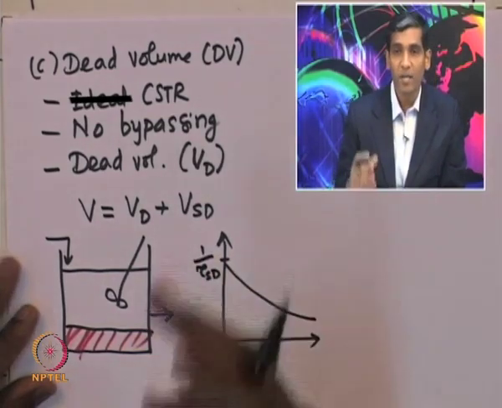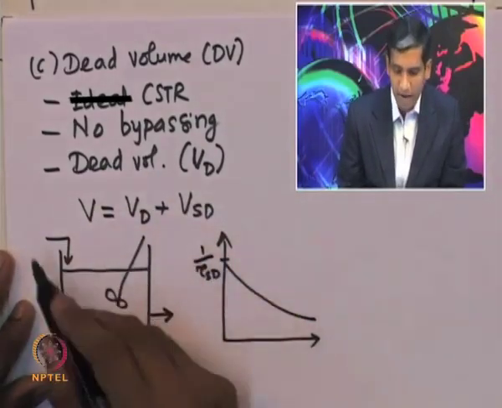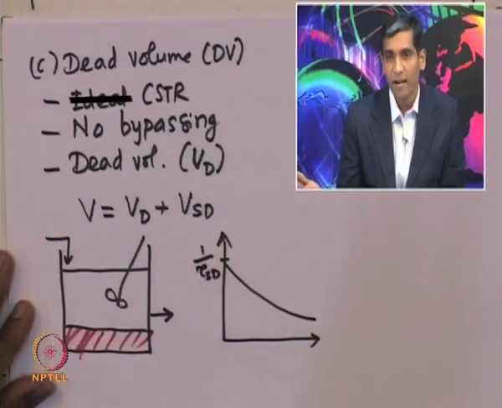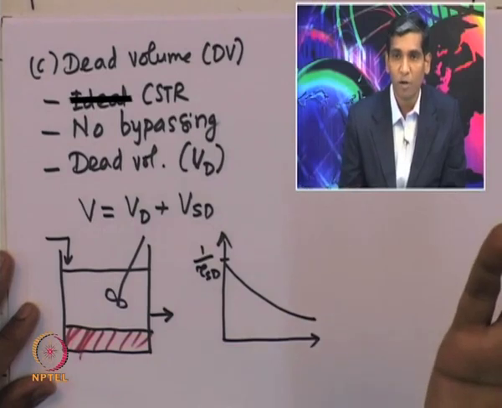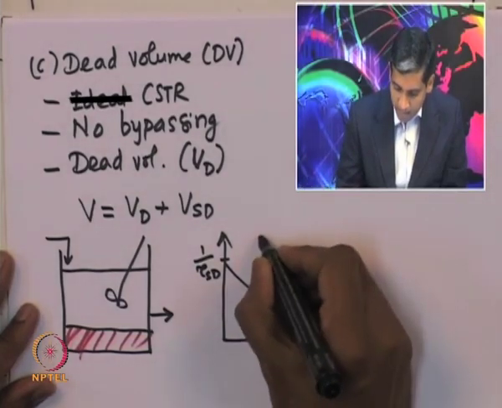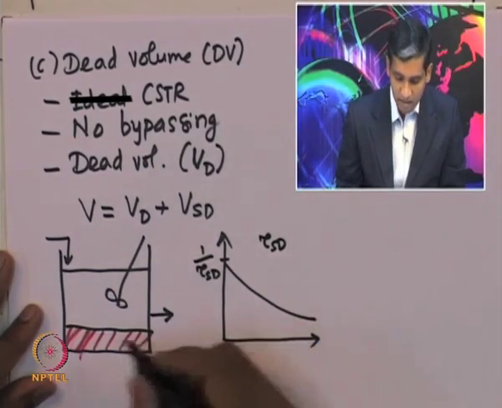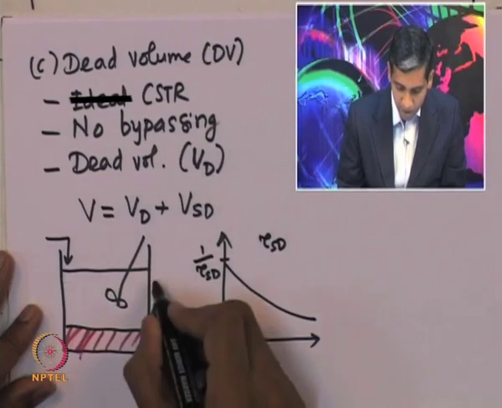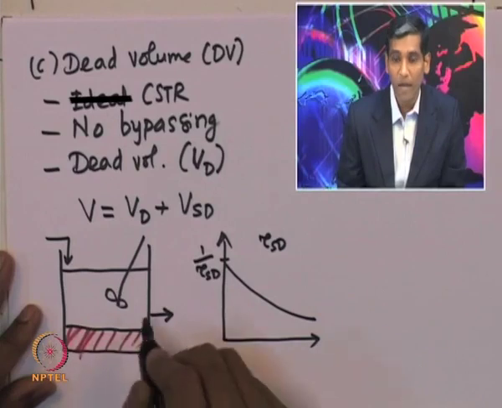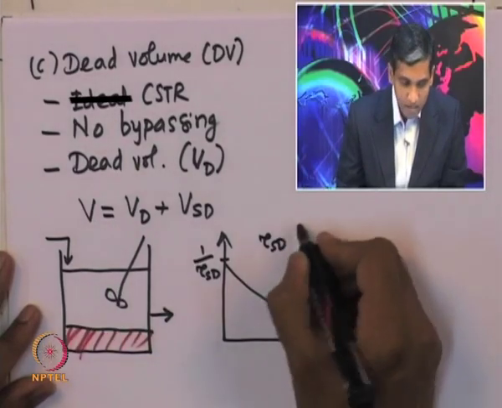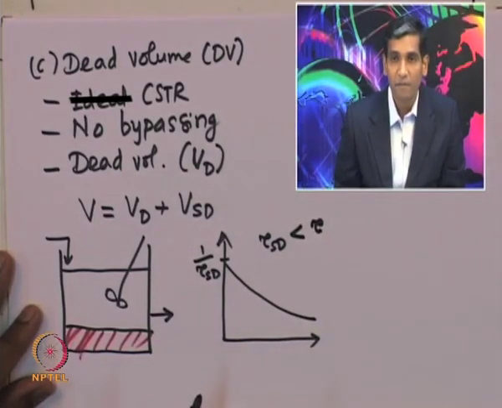Remember that the accessible volume is V S D, which is smaller than the actual volume of the reactor, and for the same flow rate, if it was conducted under perfect conditions with no dead volume, then the tau S D, which is the space time for the fluid stream actually accessing the non dead volume space in the reactor, will be smaller than the actual space time of the reactor V by V naught.